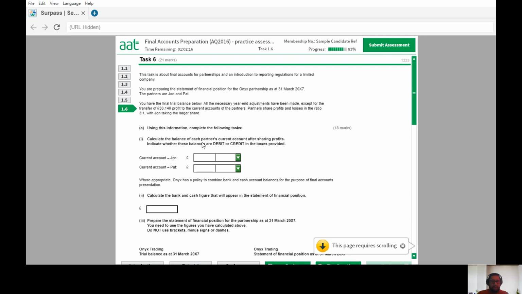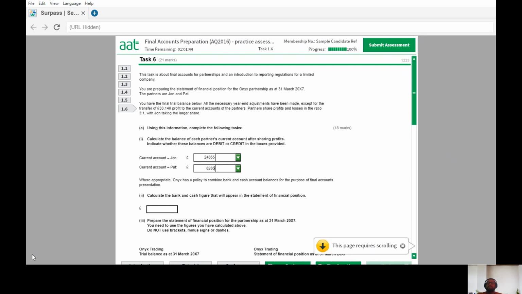So John will take £24,855, and Pat will take 8,285, because you just have to multiply by those certain amounts there.